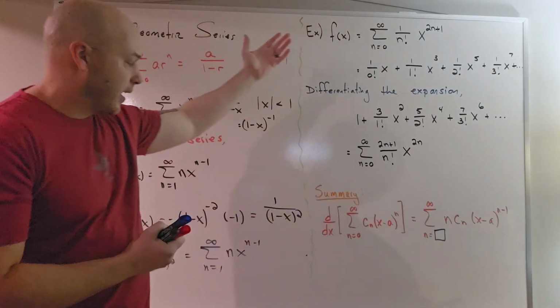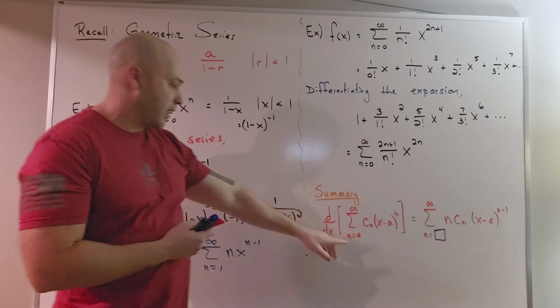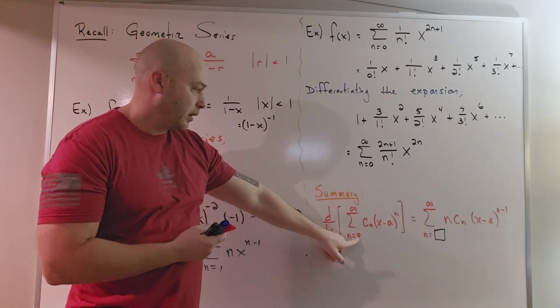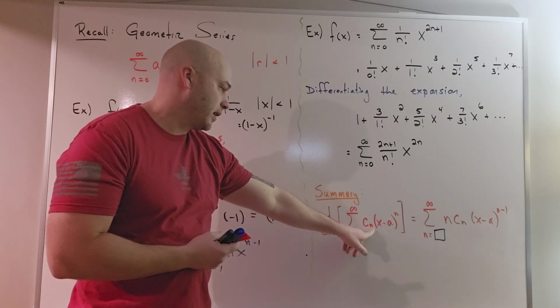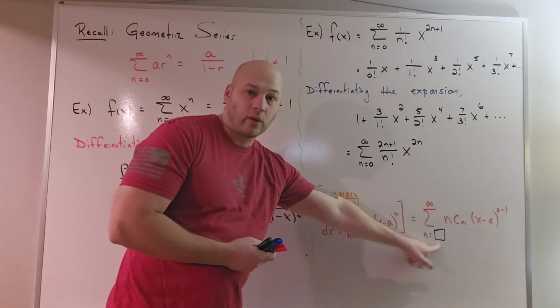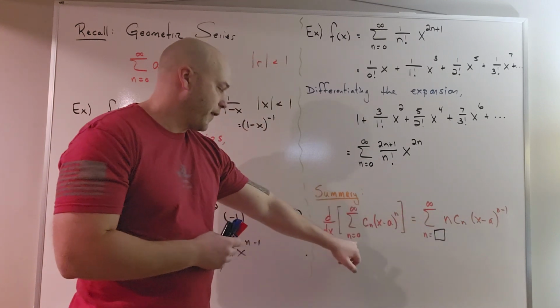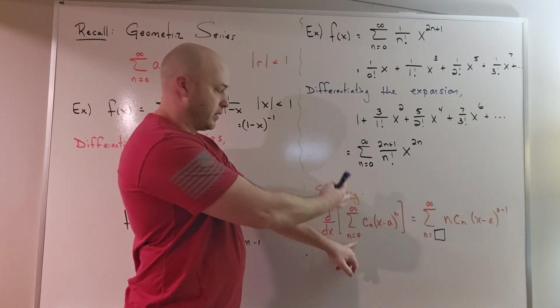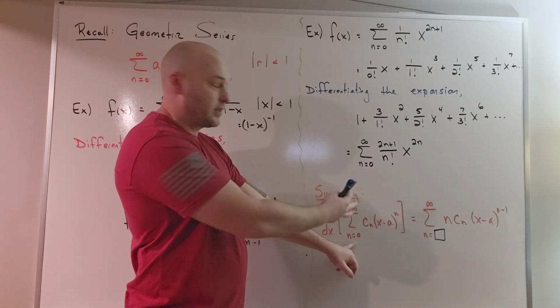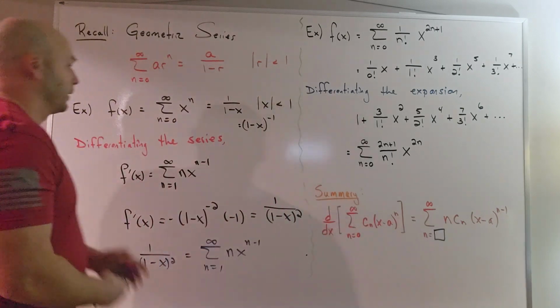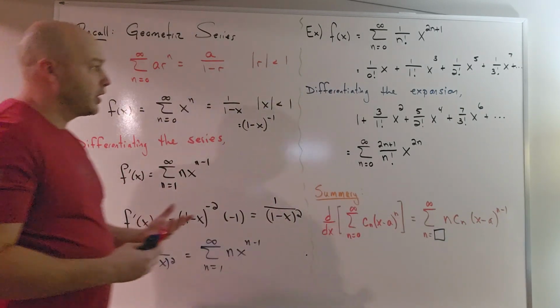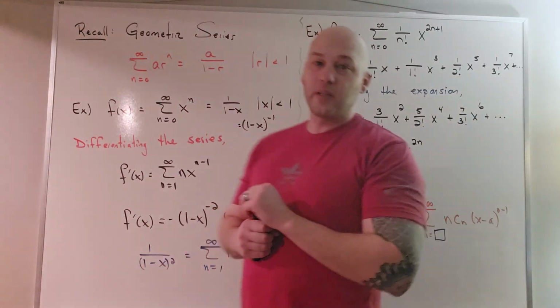And so in that case, I would just generalize this by saying if this starts at 3 and the first term is 0 or is a constant, then this would just go up 1. So that'd start at 4. If this starts at 5 and the first term is not constant, then the initial index value would stay the same. Okay. So again, differentiating a power series is a pretty simple procedure.